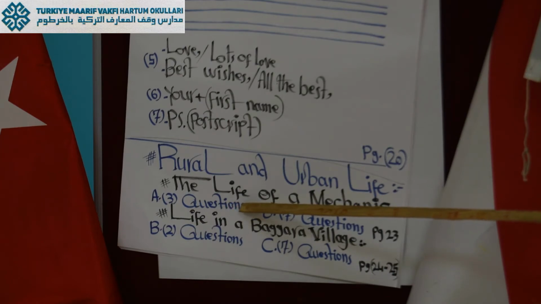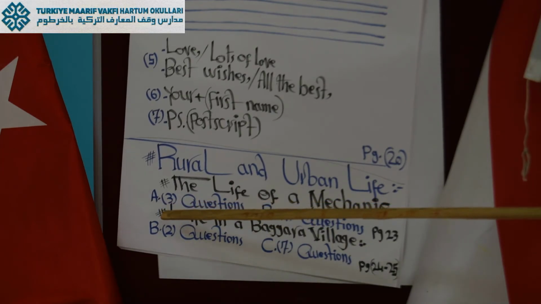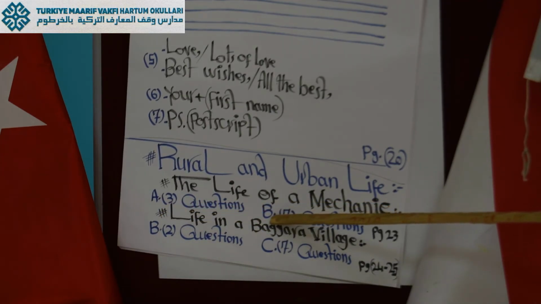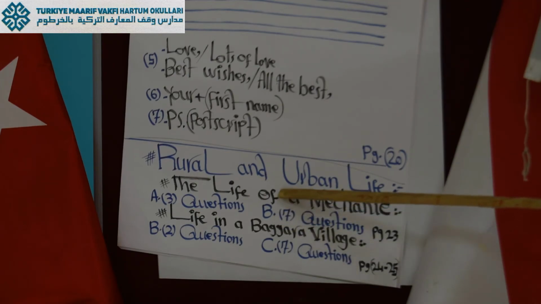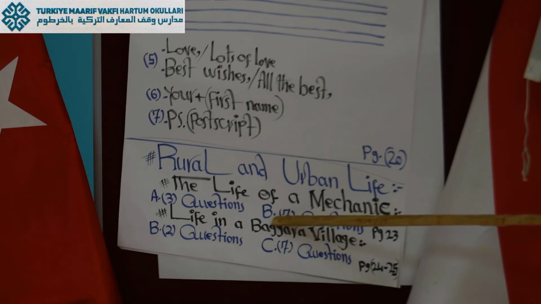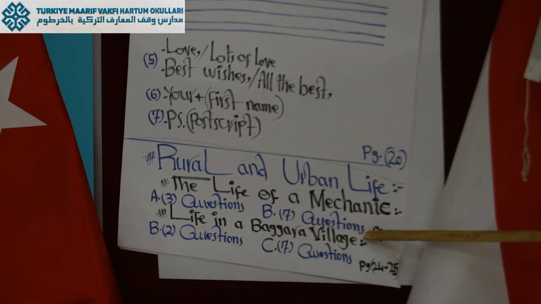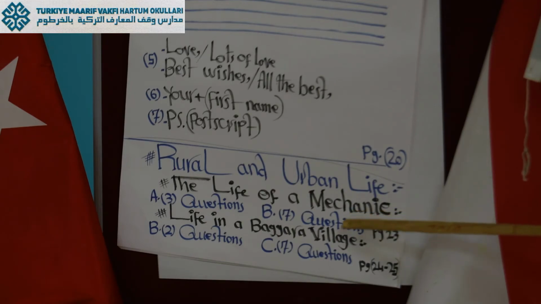So, answer them in your exercise book. That is exercise A. Coming to exercise B, which belongs to that same passage, here we find about 7 questions.